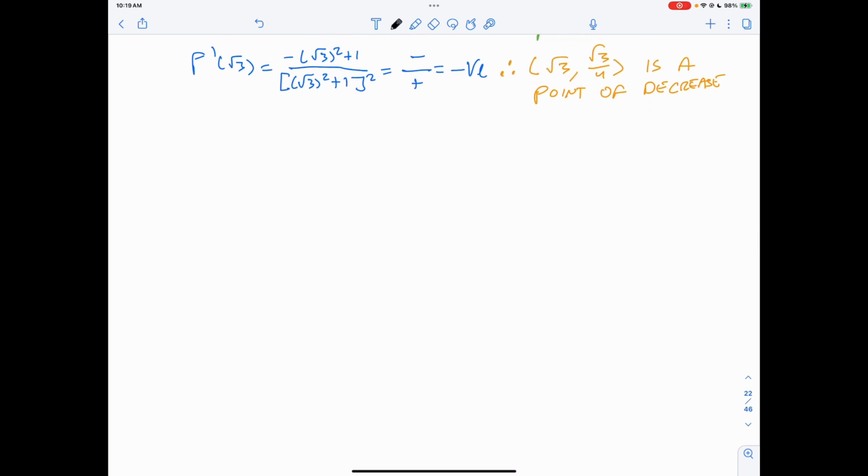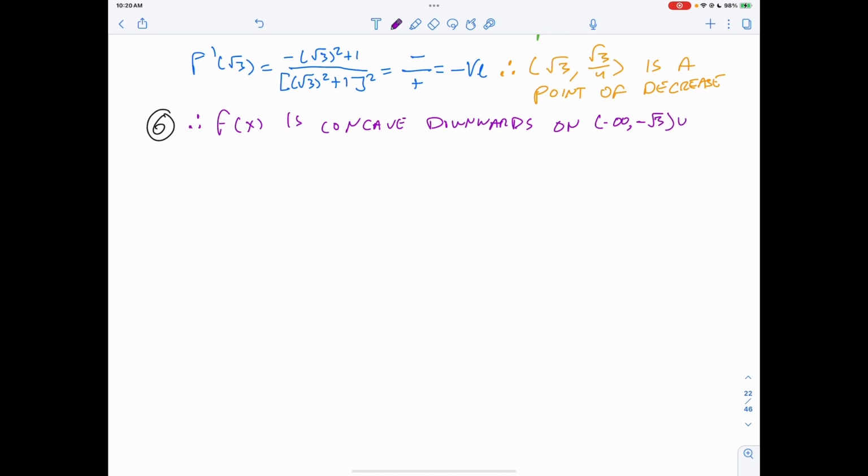All right, so let's put it all together. F of x is concave down on negative infinity to negative root 3 or 0 to positive root 3.